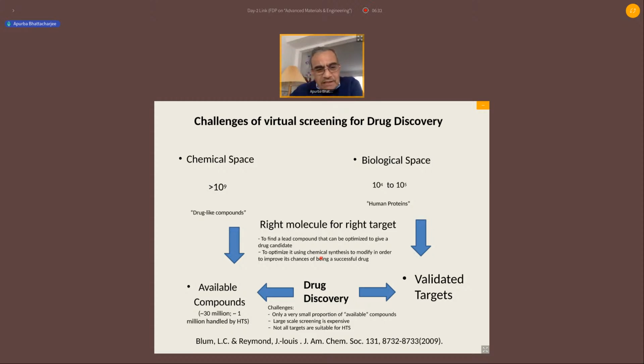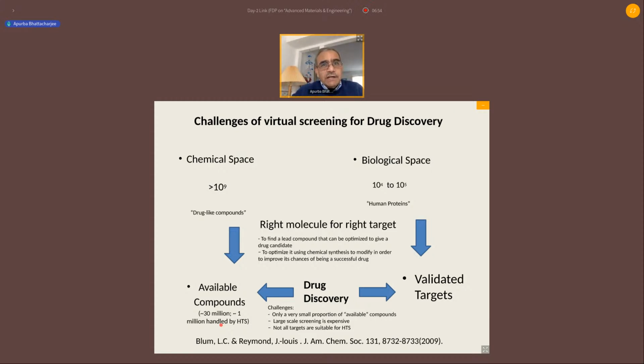Another problem is that although about 1 billion compounds are there in the chemical space, actually only 30 million are available in databases. And a large pharmaceutical company can at best handle 1 million compounds in its HTS, that is, high throughput screening.